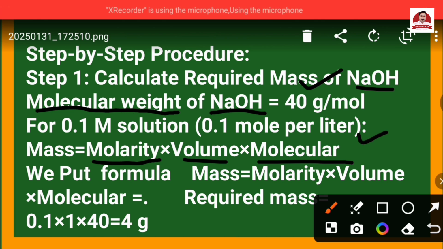We get the required mass is equal to 0.1, the molarity that we have to prepare, multiplied by 1, which is the liter, 1 liter, and 40 is the molar mass of sodium hydroxide.